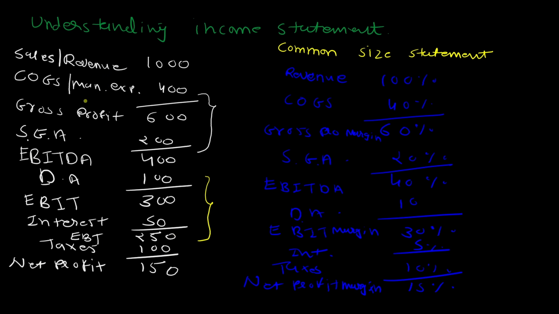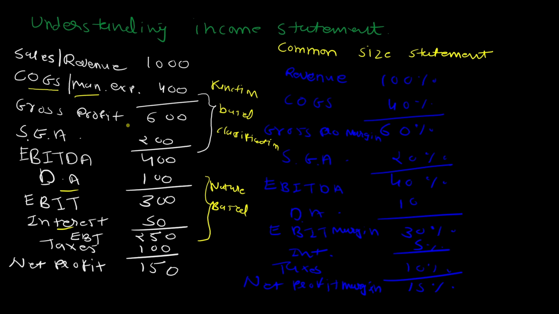For example, COGS, meaning manufacturing expense, is called function-based classification. Depreciation, amortization or interest is nature-based classification.